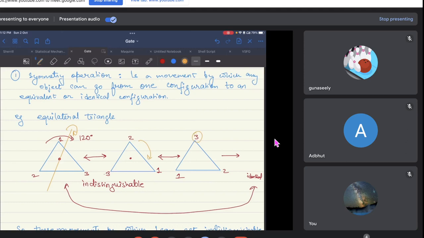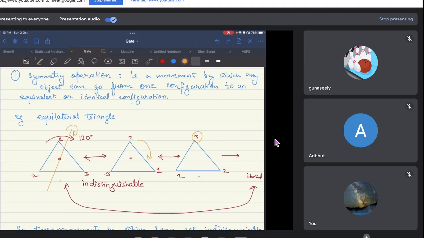But the point to be noted here is that the first configuration, the second configuration and the third configuration are not identical, but they are indistinguishable, or equivalent to each other. Because if I am not tagging the particular side, there will be no distinguishability between them. Hence they are equivalent.